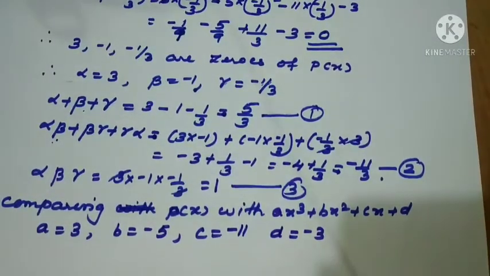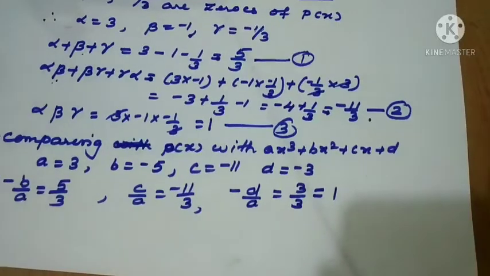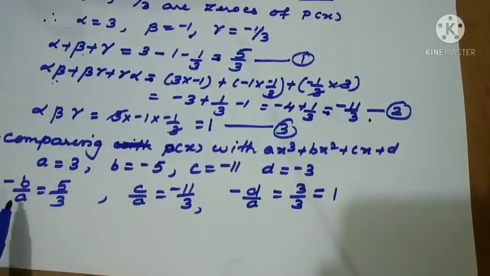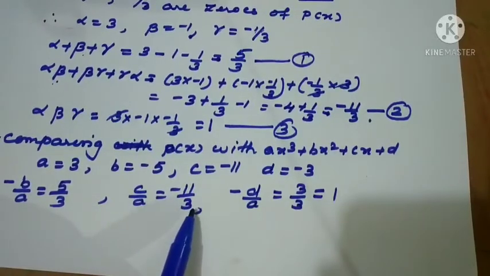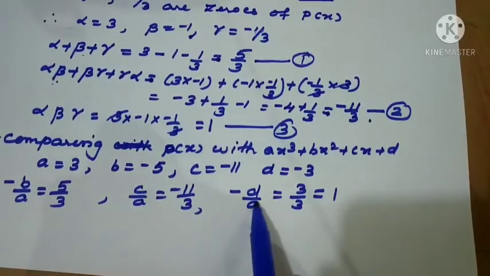Now what should we find out? So we have minus b by a equal to 5 by 3, c by a equal to minus 11 by 3, and minus d by a equal to 3 by 3, equal to 1 only.